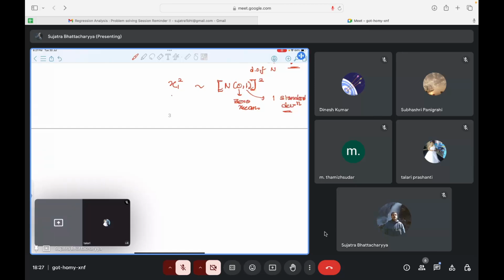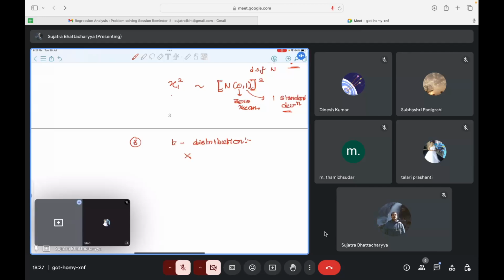Let us look at another and last distribution, which I will show you. That is the t distribution, Student's t distribution. I will not write the PDF of this, I just wanted to show you how it is generally created.